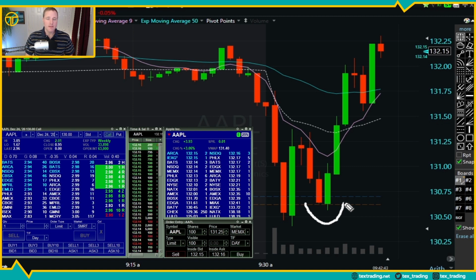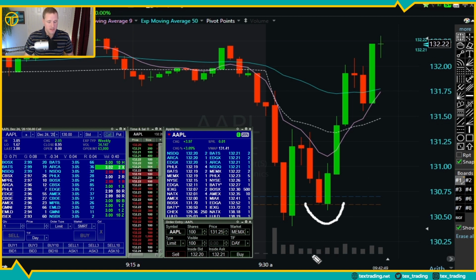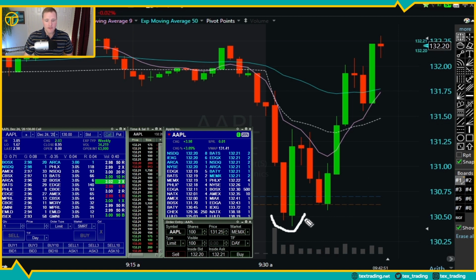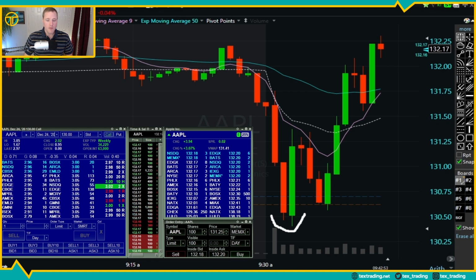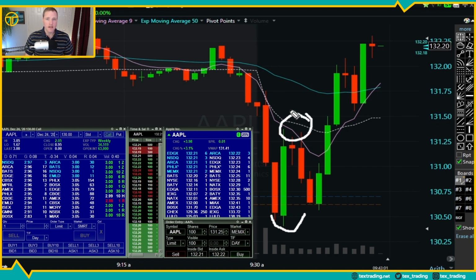Obviously, you want to be taking smaller size if you're looking for that bigger move and you're expecting to hold for a longer period of time versus something like this where I'm taking just a quick opening range scalp. I'm going to be getting in with size because I'm only taking a small move. I'm getting in with size and I know that I'm here, right? That's what I'm looking for. That's it. That's my trade.